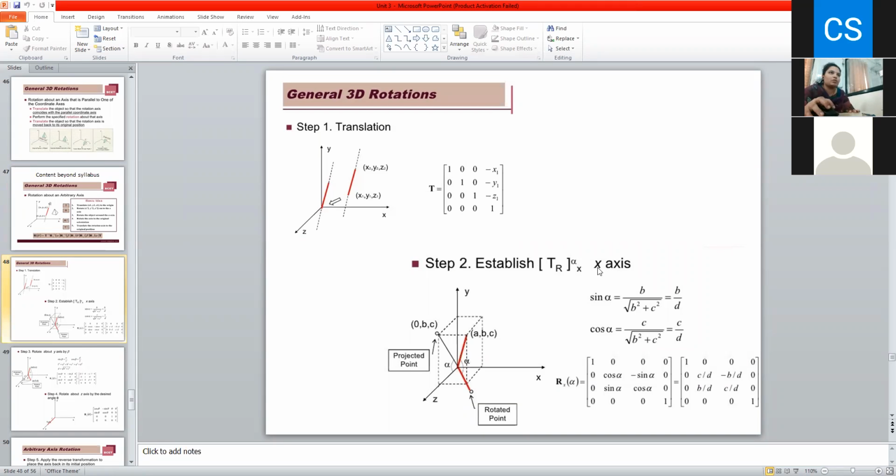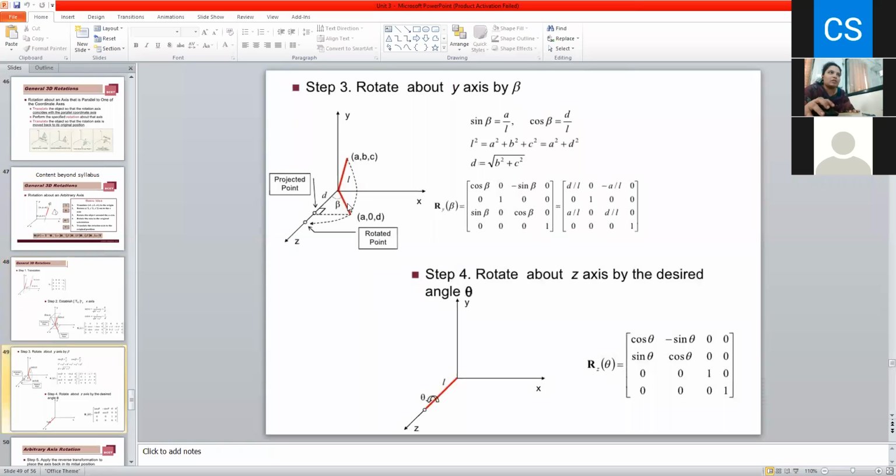So we will rotate it with x-axis with alpha angle. So you can see now this rotation. So rotation is done with alpha angle so that it will lie in the y-z plane, and then again I will rotate it with y so that it will coincide on the z-axis. That is your third step. So rotation about y-axis, it will lie on the z-axis.